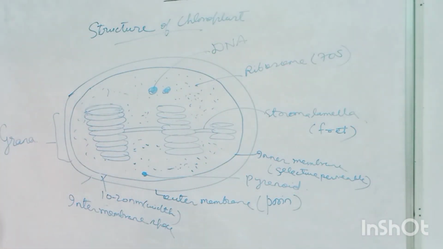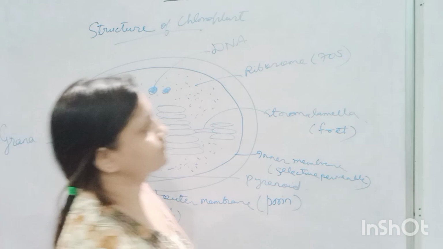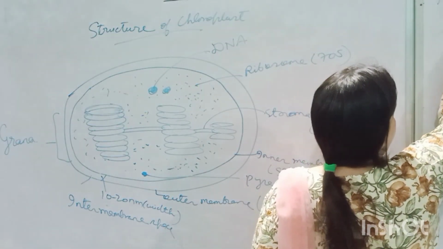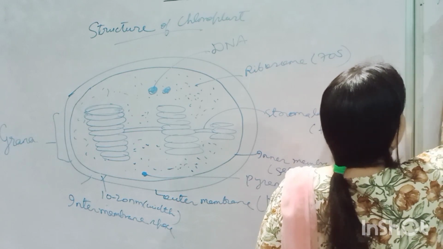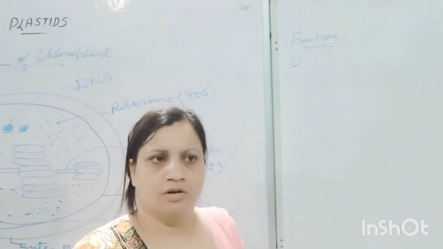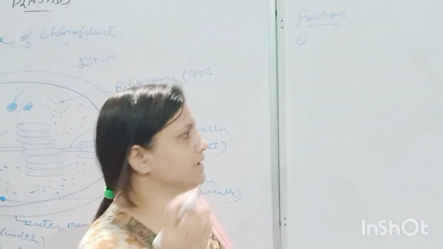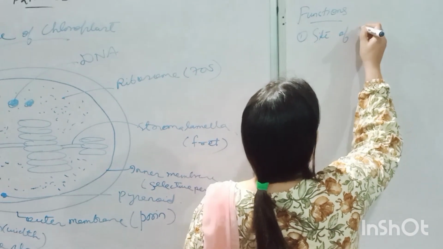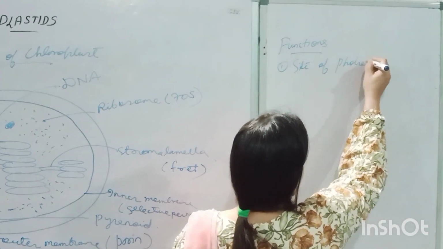Now come to the function. As it is one of the main organelles in the plant cell, the main function is that it is the site of photosynthesis.